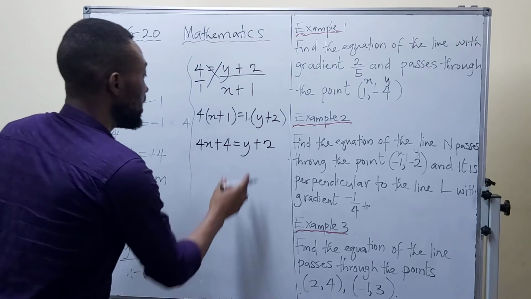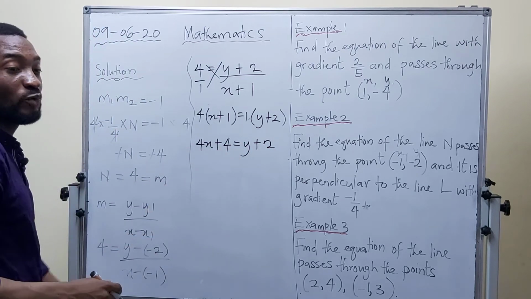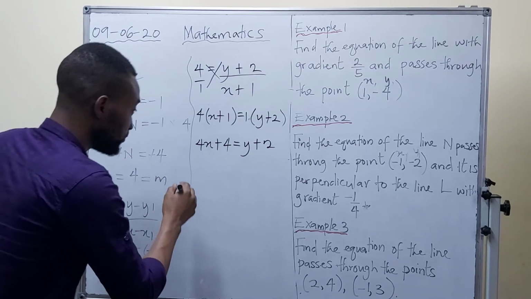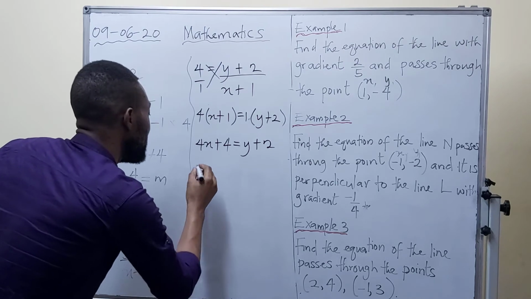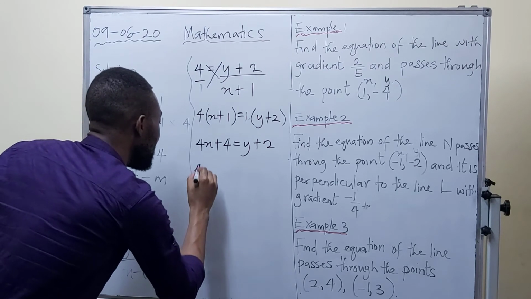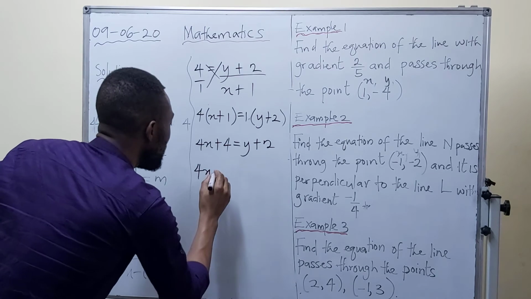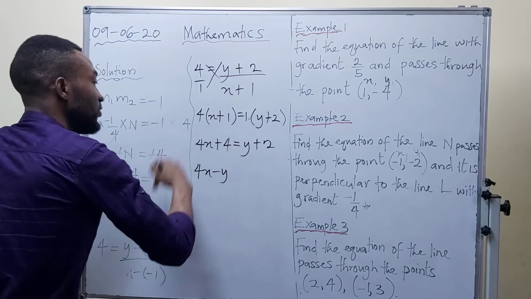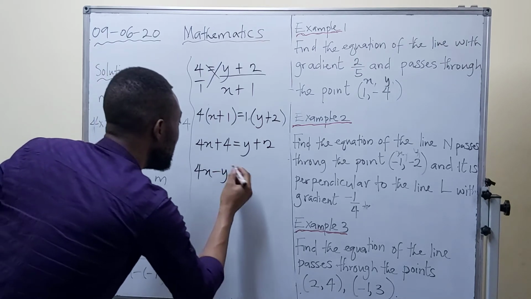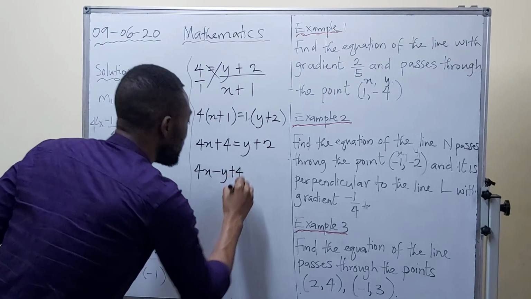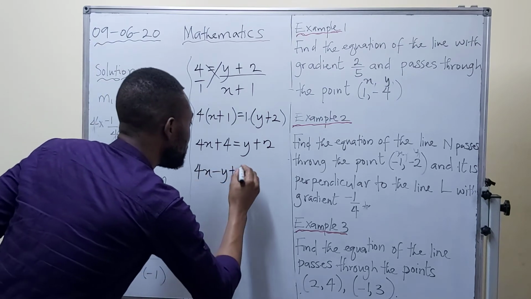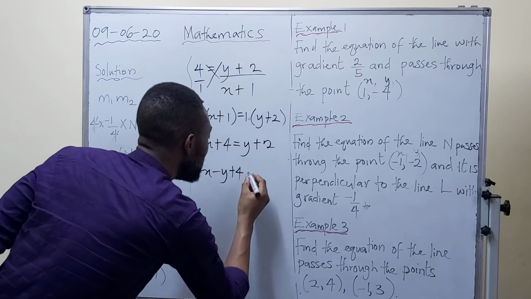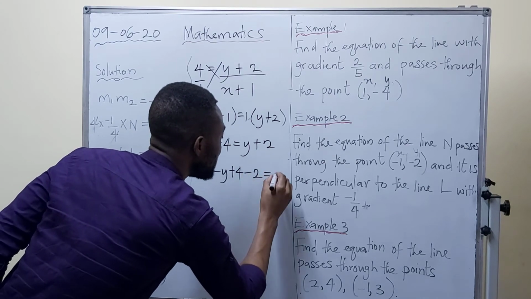So now I will bring all this value in and equate everything to 0. Like I said, x will always come first, which I have 4x. Then y will come in, which is minus y. This is positive outside here, but we bring it in to be negative. Then I have 4, and if this plus 2 comes in to become minus 2, everything goes to 0.